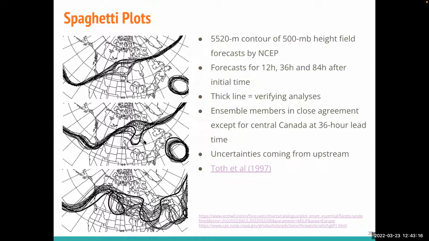Of course, after 84 hours, it's really not following the reality, right? Your model is not giving you that. So it's all coming from the initial deviation in here, so we don't want that. So uncertainty is coming from upstream here. Maybe it's the physics, maybe it's the data, you don't know. So you redraw these graphs to find out.